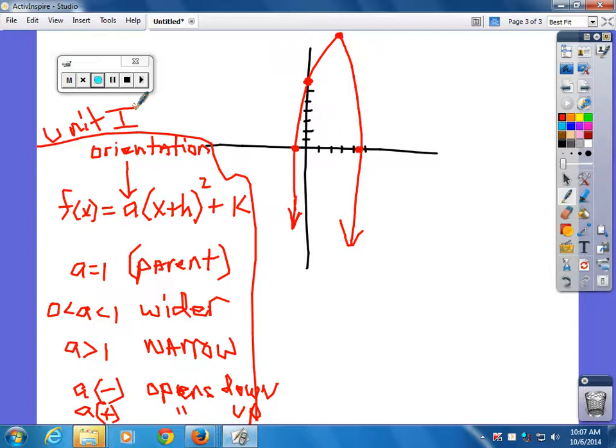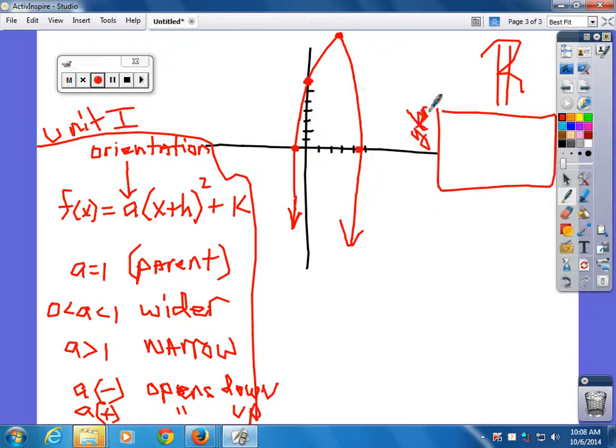So, what's my domain? All reals. Range, negative infinity to... If I asked you anything to do with the y, y'all go to x. If I asked you, what is the only thing that is in y terms? The only thing that is in y terms, what is it?